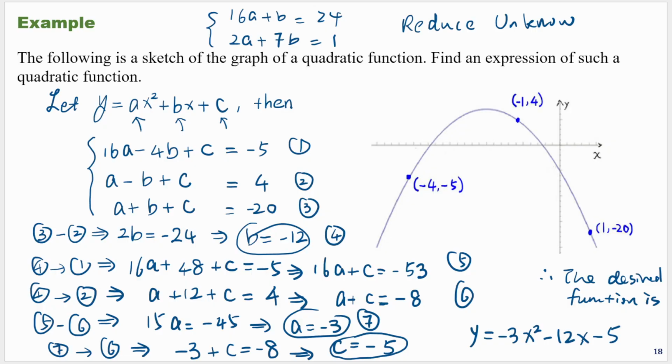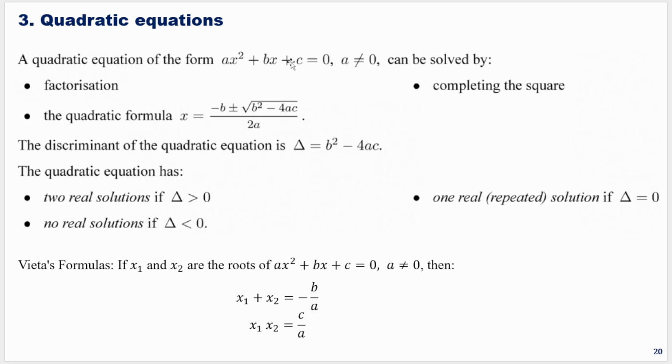Okay. And next, quadratic equation. Simple. So if you have a quadratic expression or quadratic function, simply let this function equal 0, then you will have a quadratic equation, right? Of course, the leading coefficient a cannot be 0. Otherwise, you don't have this term.